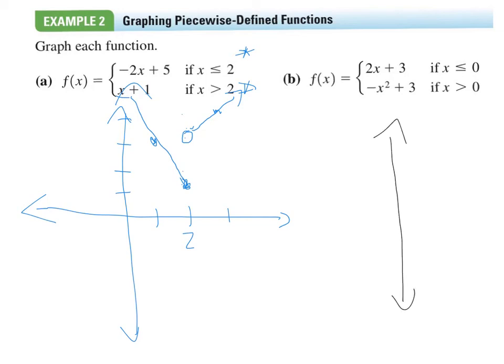Now for part B, let's graph the first branch here, 2x plus 3, if x is less than or equal to 0. Plug in 0, you get 3 for the y-intercept.